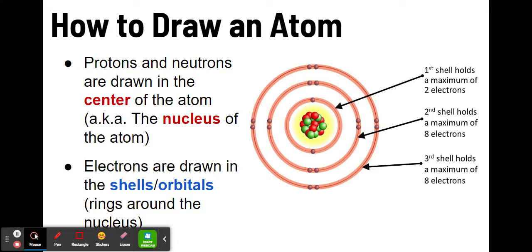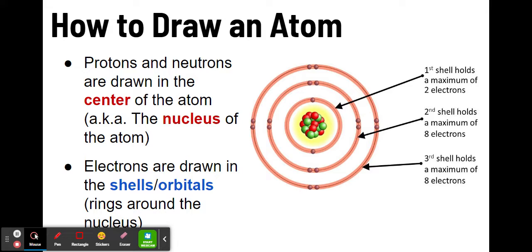And these are the rings in this picture, the rings going around the nucleus. Those are called shells or orbitals. It goes by both names. And the electrons are drawn on those rings. Now, those are the two basic rules of how to draw an atom. Protons and neutrons are in the nucleus. Electrons are found in the orbitals or the shells.